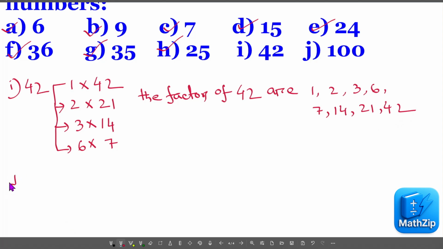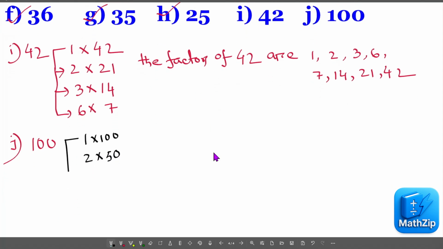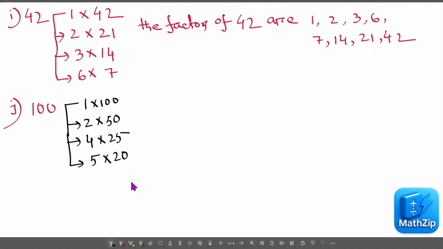And today's final question, 100. We can make 1 times 100, right? Then 2 times 50, then 3 is not possible, 4 is possible, 4 times 25, 5 is possible, 5 times 20, right? Then 6, 7, 8, 9 are not possible, 10 is possible. 10 times 10 is 100.